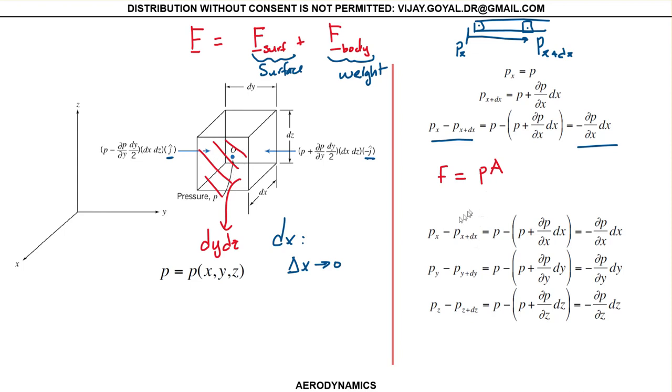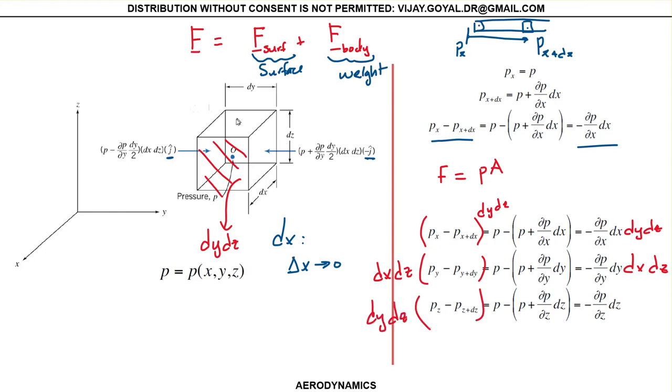So basically, I want to convert all these terms to area, so I multiply this by dy dz on both sides, and this one I multiply by dx dz, because in the y direction this plane is dx dz.